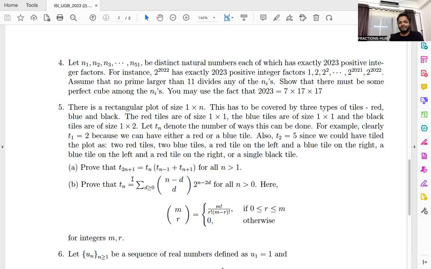Those can be easily solved using recurrence relation, rather than the usual combinatorial techniques. So this is one such problem where you have to build up the recurrence relation. Tn denotes the number of ways that can be done.